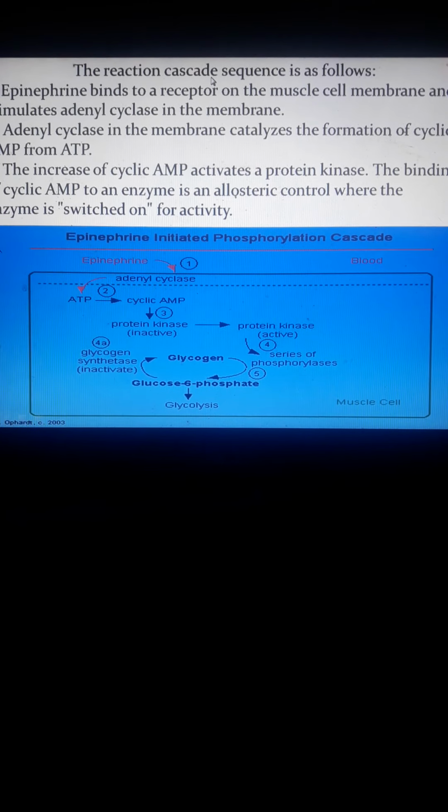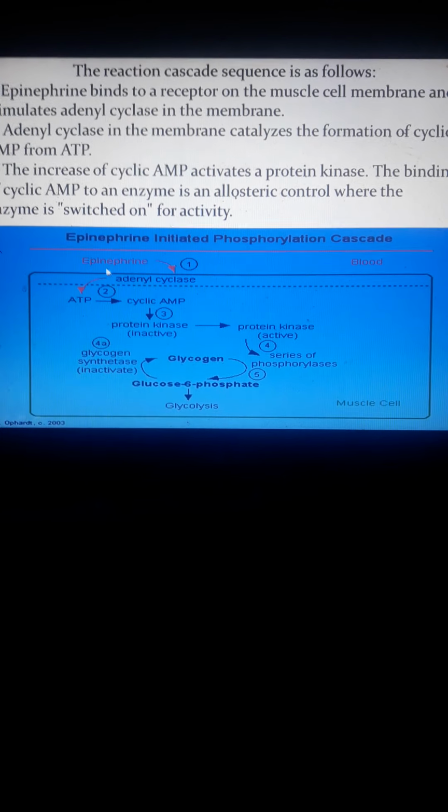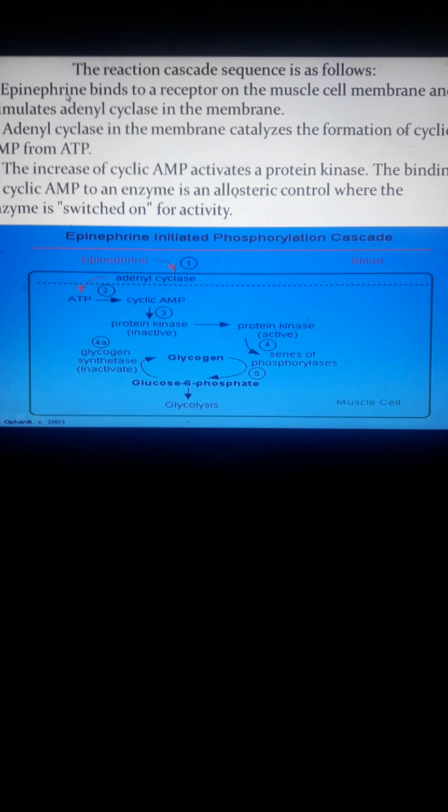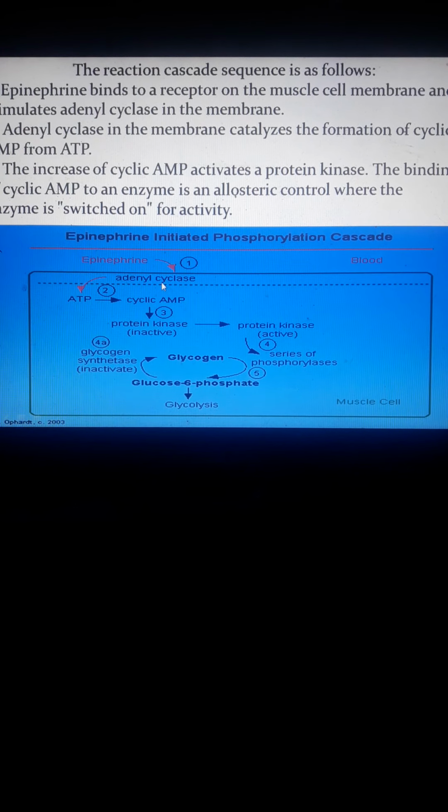So the cascade, or the series of events, is as follows. Epinephrine, known as a neurotransmitter, binds to the beta receptors on the muscle cell membrane and stimulates the adenylate cyclase enzyme, or adenylyl cyclase enzyme. Okay, so this is your epinephrine.